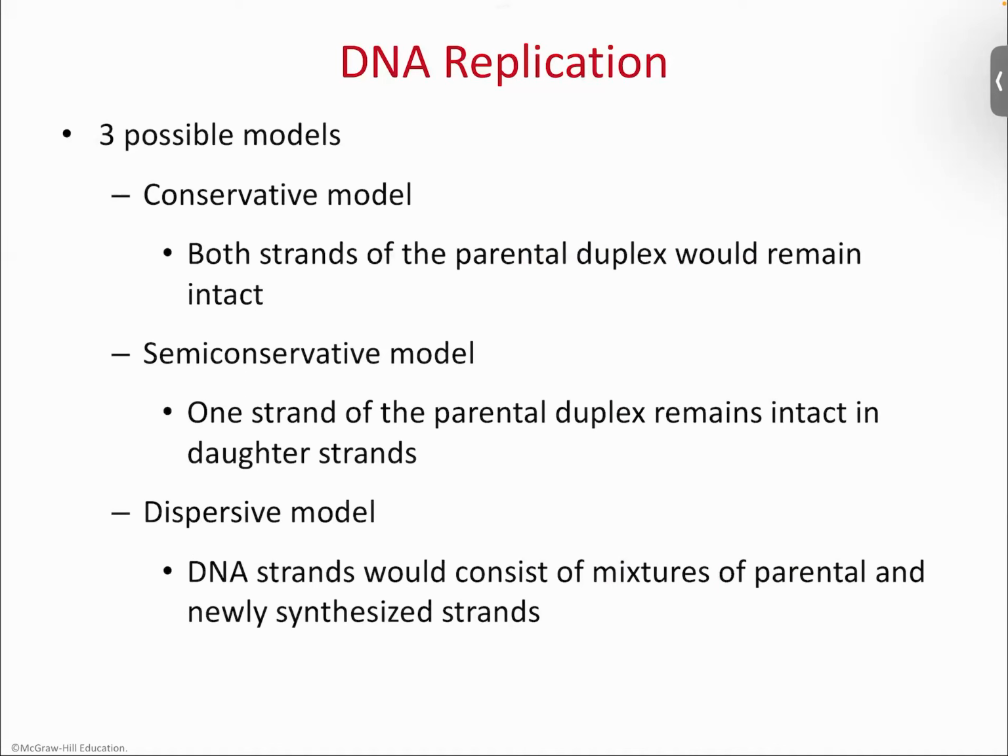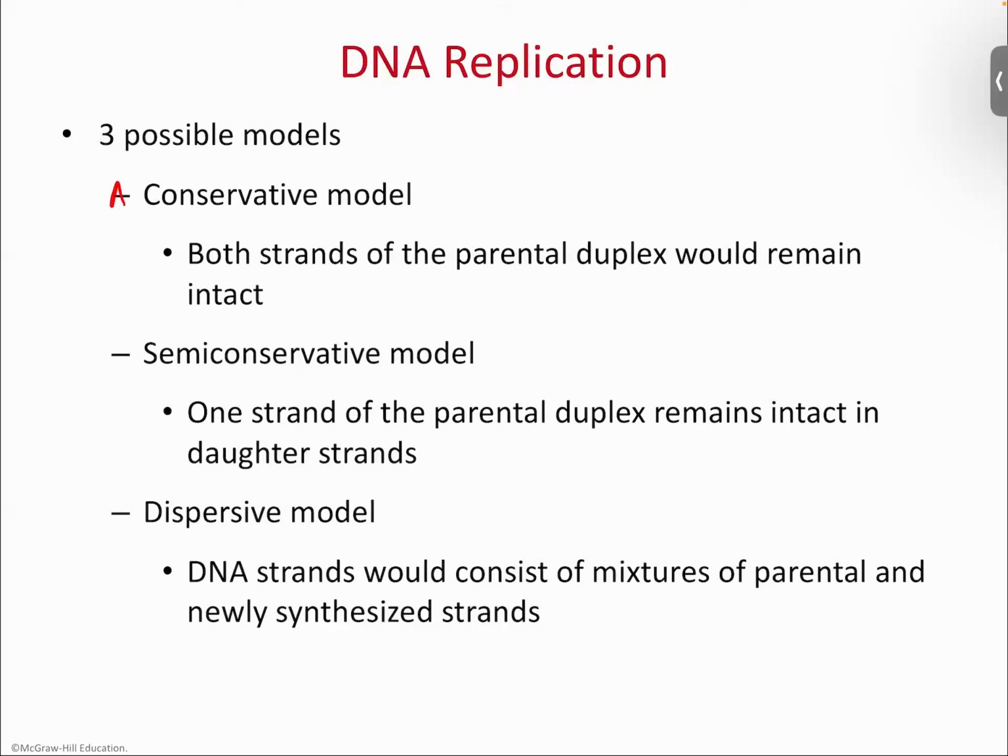So now that we've got the nuts and bolts down, what about DNA replication itself? Let's take a look at the mechanistic underpinnings of DNA replication. The first thing that we noticed is that there were three basic models of how this could happen. Here we have an existing DNA molecule, and the question is, how do we make a copy of it?